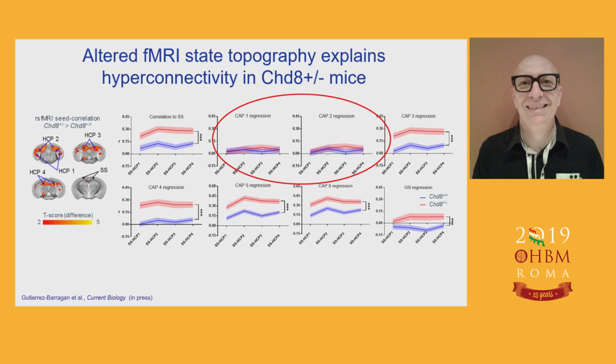So we believe this study and this approach is highlighting a novel phenomenon, which is the fact that this functional disconnectivity can emerge as a result of this underlying disrupted neural dynamics.